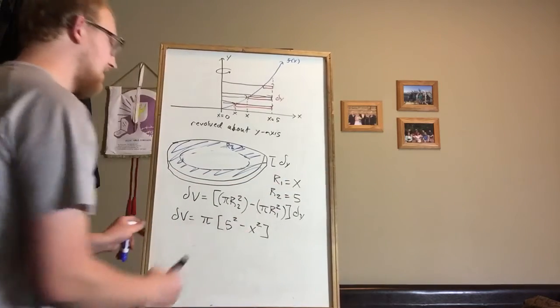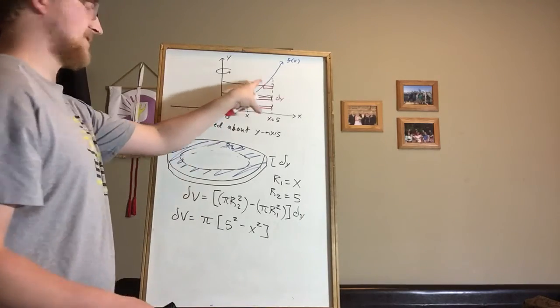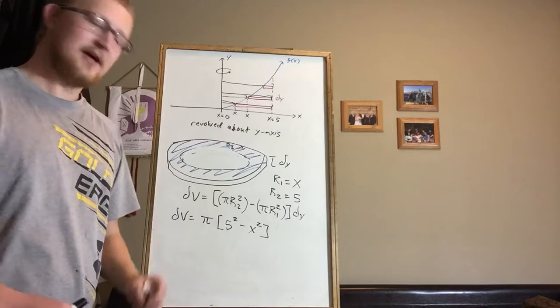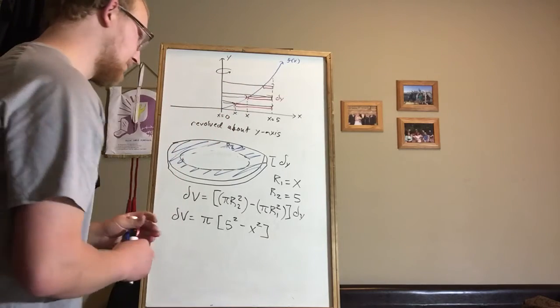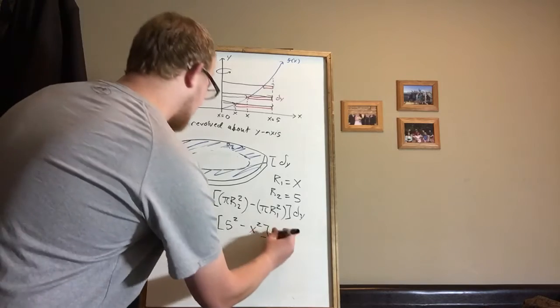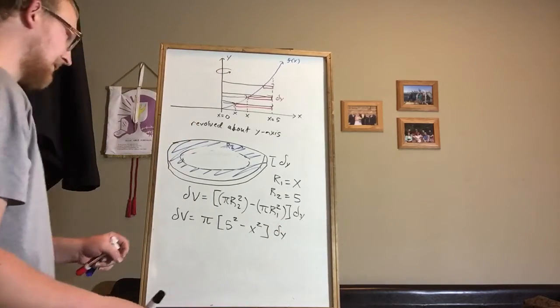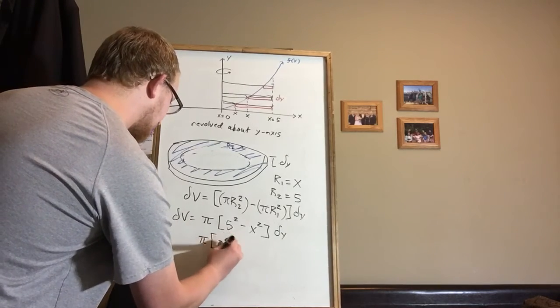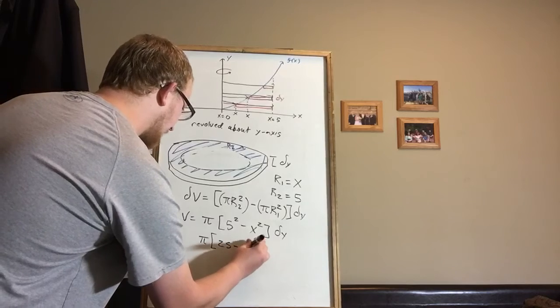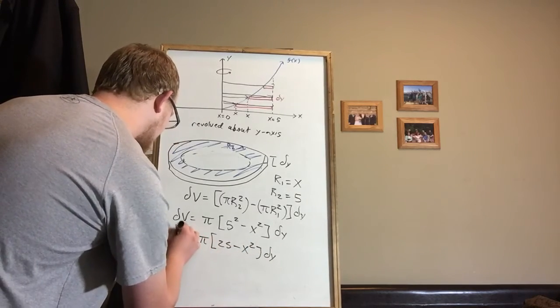And this is why I like drawing these things out, because there's always going to be a very specific thing that we're trying to revolve. And so it's important to look at what you're working with and conceptualize what we're doing. And that's all going to be multiplied by the infinitesimal dy. So 5 squared is 25, so we've got pi times (25 minus x squared) dy equals dV.